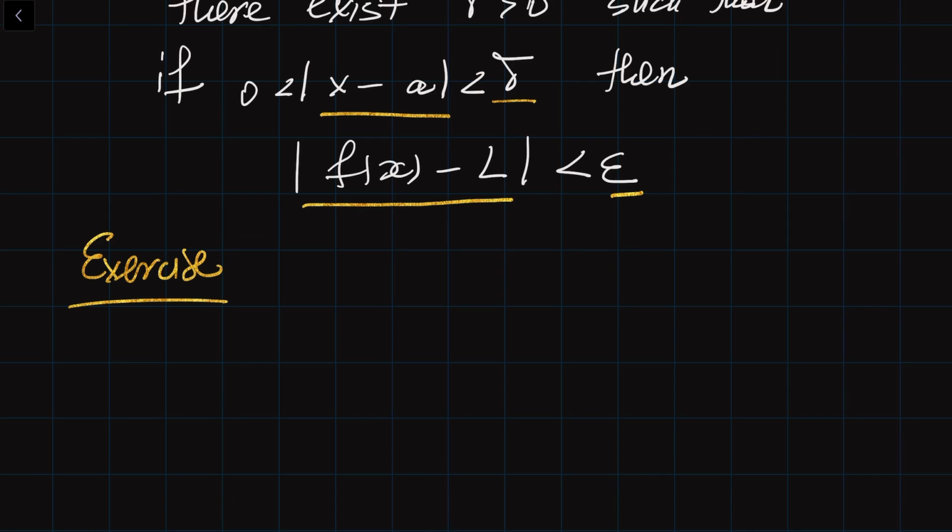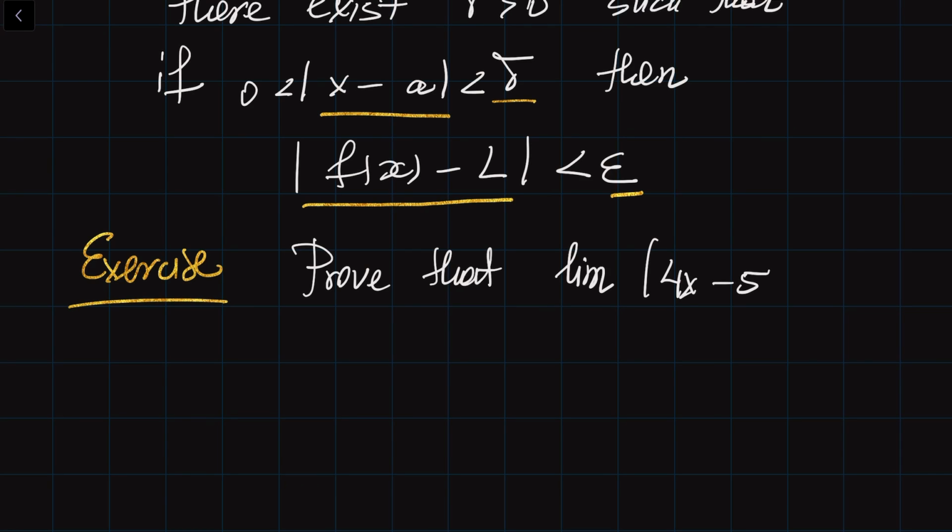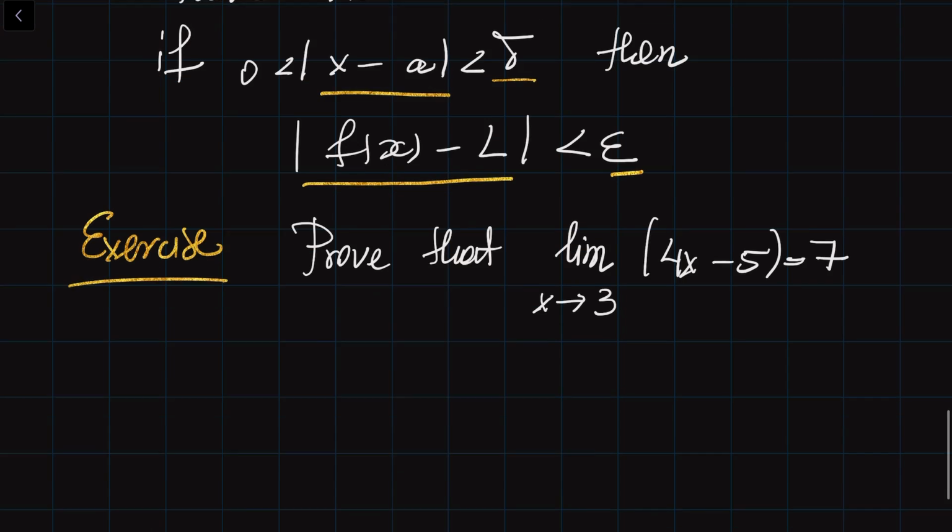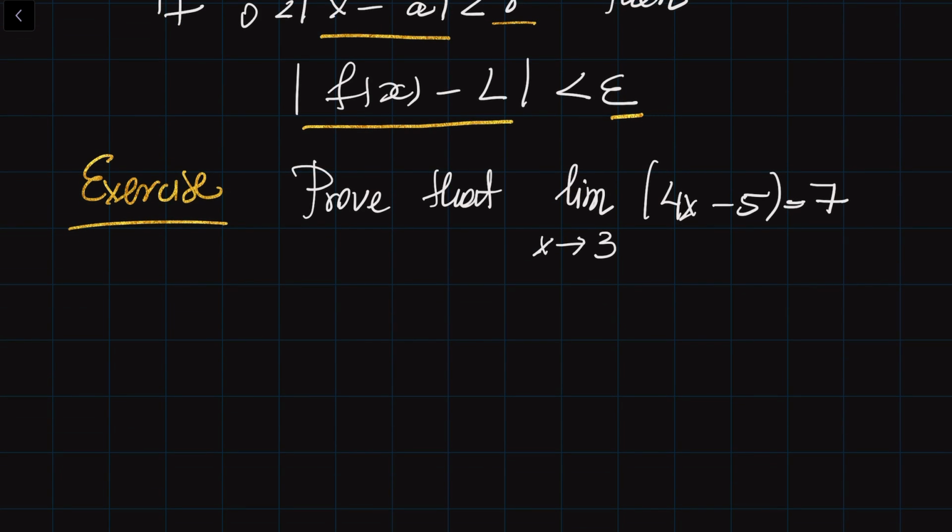Prove that the limit of 4x minus 5 is equal to 7 as x approaches 3. We are always going to follow two steps in order to do this.